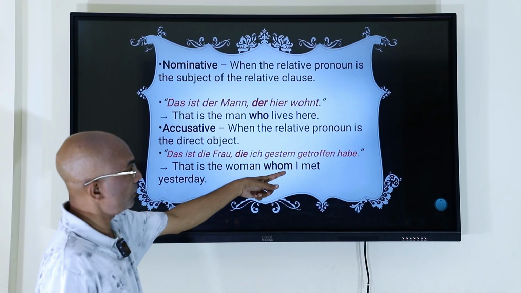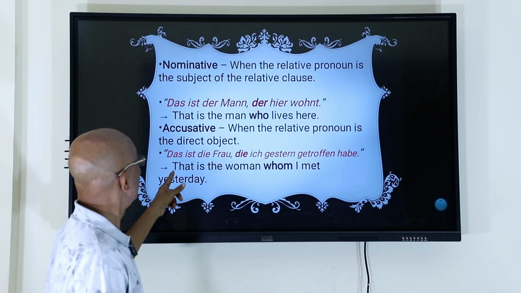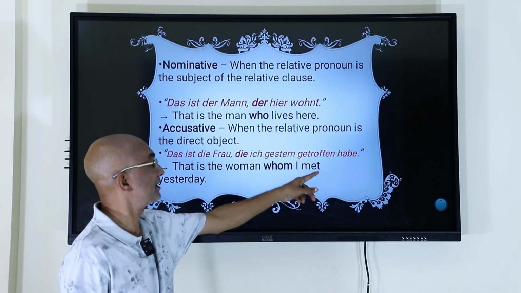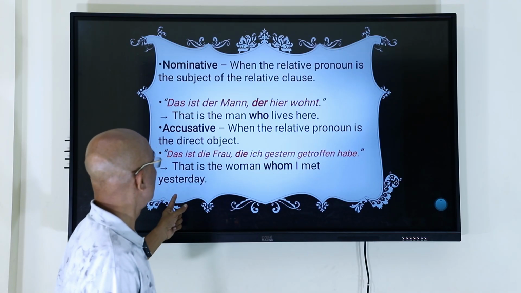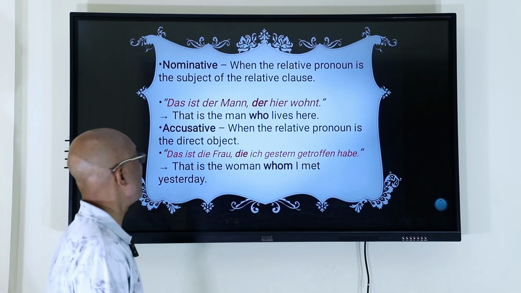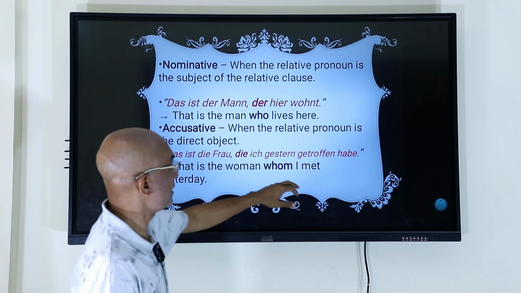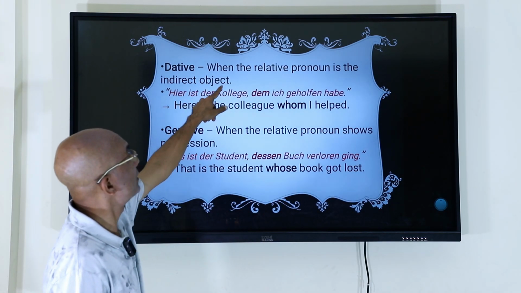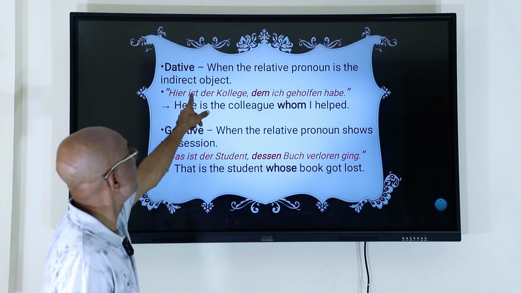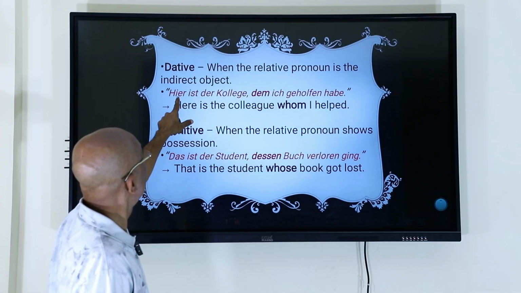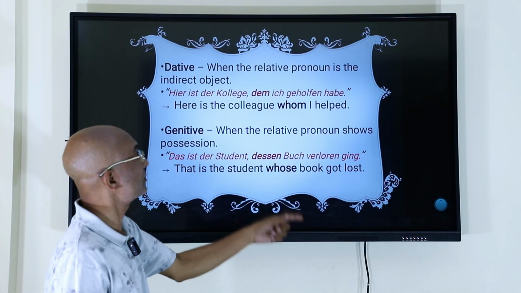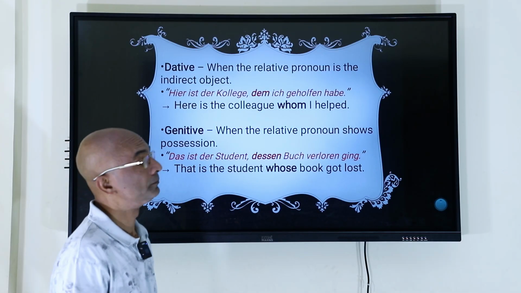Second one, accusative: "Das ist die Frau, die ich gestern getroffen habe." That is the woman whom I met yesterday. Okay, that is accusative. For dative, when the relative pronoun is the indirect object: "Hier ist der Kollege, dem ich geholfen habe."